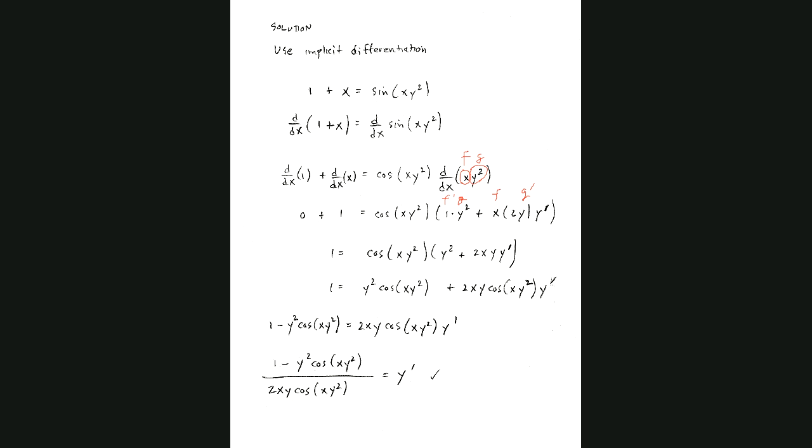Let me just make these parentheses a little bit bigger. So when you differentiate the y squared, you get 2y times y prime. What rule did we use there to differentiate the y squared?